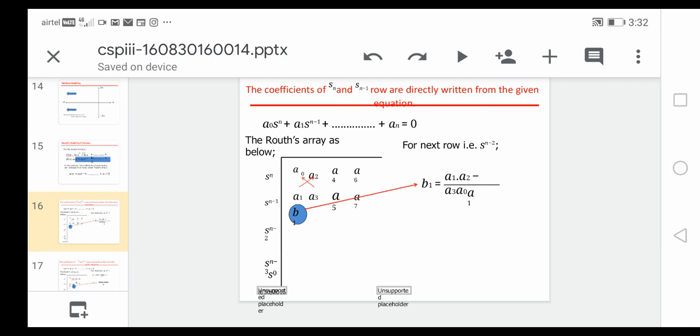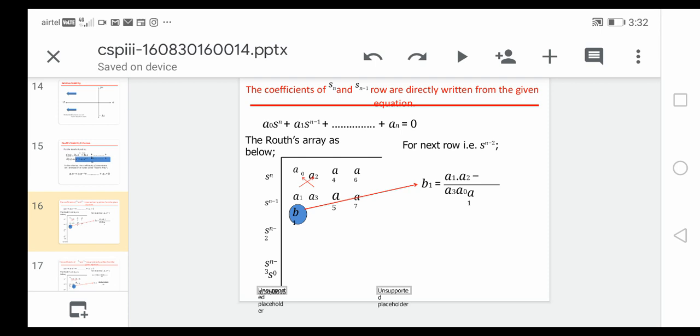Only these first two rows you have to write down. Then the remaining rows we need to calculate. The rows S power n and S power n minus 1 we write using the characteristic equation. The remaining rows, S power n minus 2, S power n minus 3 and so on down to S naught, we write using the first two rows of the Routh array.